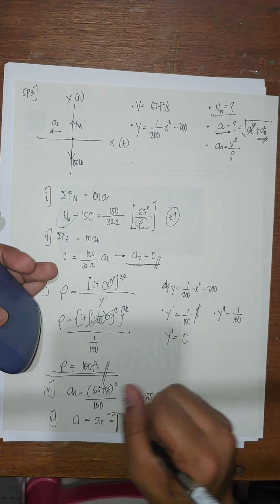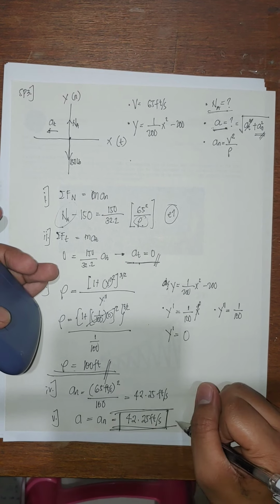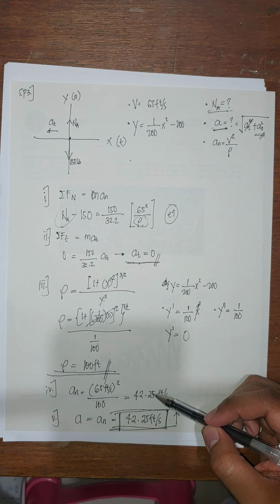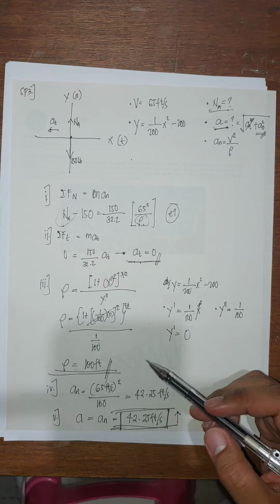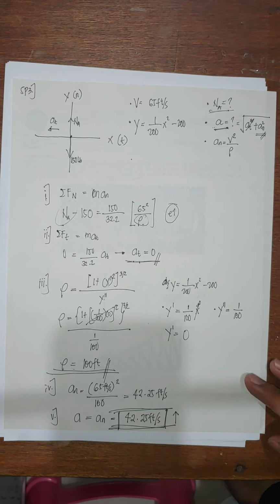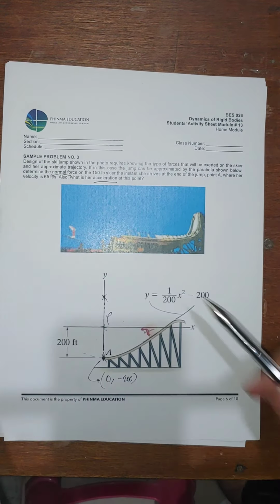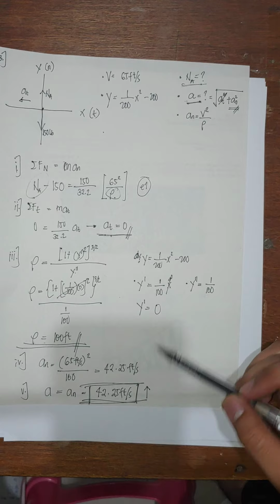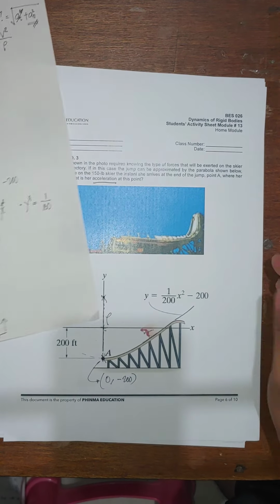So asa direction ang normal acceleration? This is upward, because the normal acceleration, which is towards the radius of curvature, is positive. And if you notice sa atong curve, it moves that way ang normal acceleration. Therefore, the magnitude of acceleration is just positive and moving upwards.